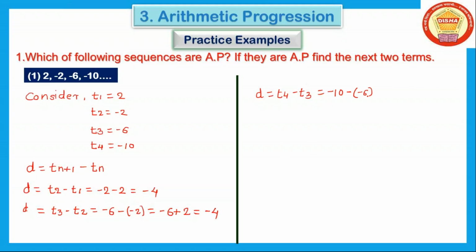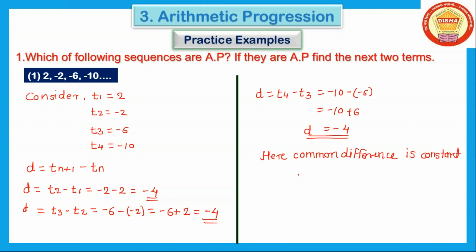We simplify: negative 10 plus 6, which is equal to negative 4. Then D is equal to negative 4. Here the common difference is negative 4, again negative 4, again negative 4. Means for the given example the common difference is constant.